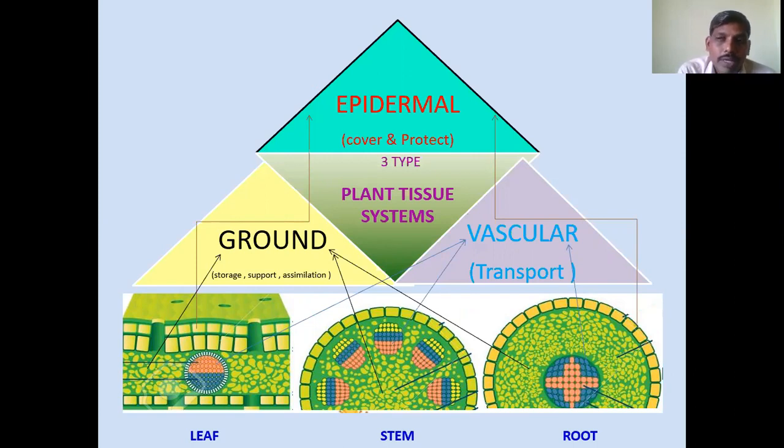So in the plant body, complex or simple tissues may function as structural support or protective coverings, or transport materials like water, minerals and food. These permanent as well as complex tissues are organized in different organs as a unit.